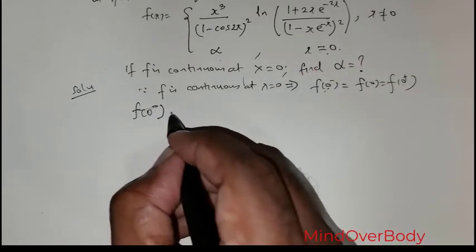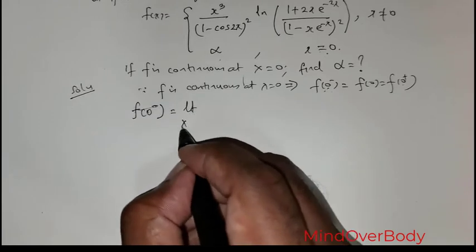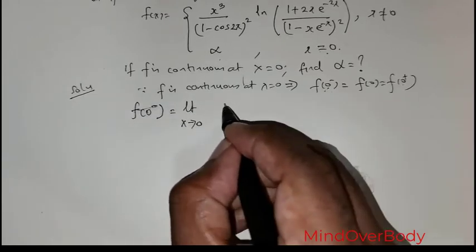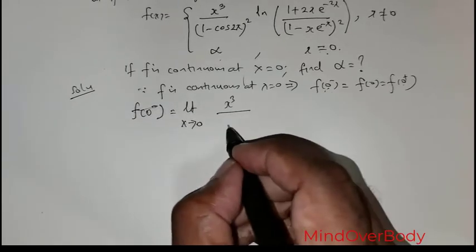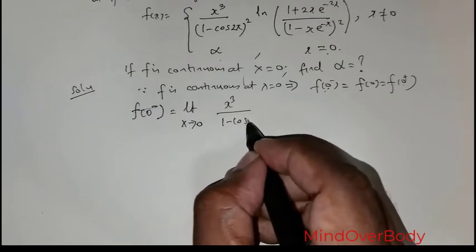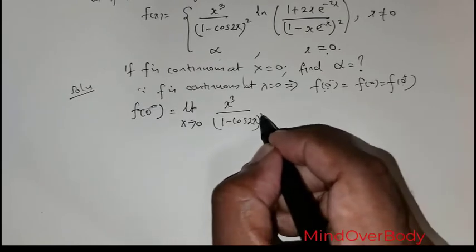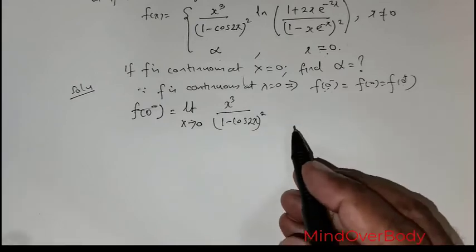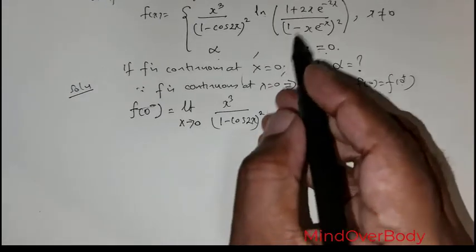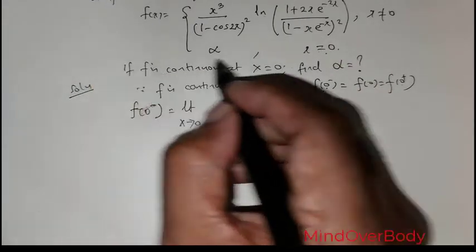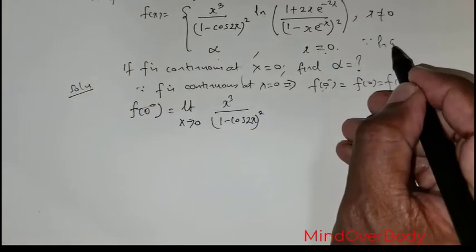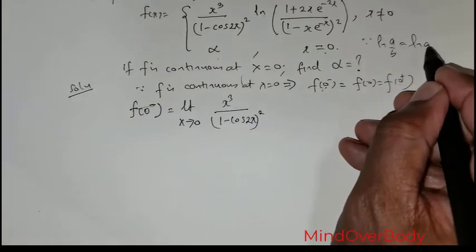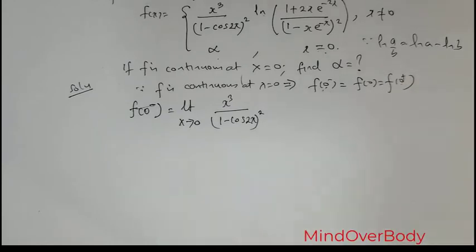So f(0−) is equal to the limit as x tends to 0 of x³ divided by (1 − cos 2x) squared. Now I've got ln of a over b, and there is a formula: ln(a/b) is equal to ln a minus ln b.